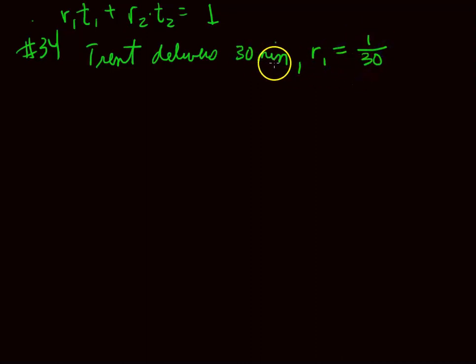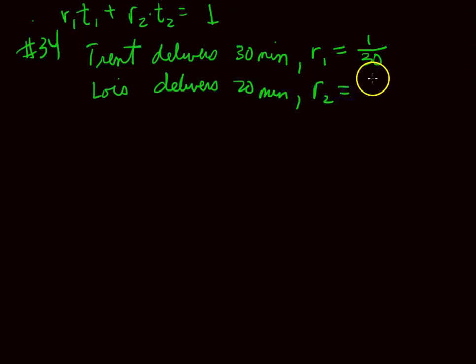So if we talk about minutes here, he gets 1/30 of the paper route done in 1 minute. That's the rate. Lois is faster. I don't know if they use a bike, maybe she just walks faster. Delivers in 20 minutes. So the rate 2 is really 1 over 20.